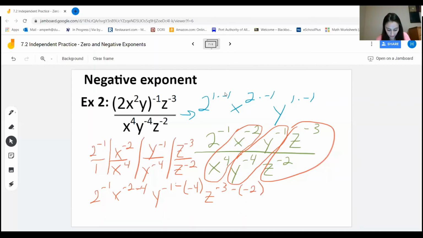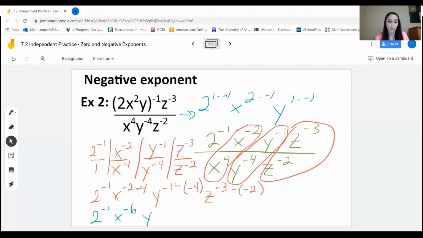Okay, so in a different color, after we simplify the exponents, we're going to end up with x: negative 2 decreased by 4. So we're making a negative 2 more negative, so it's going to be a negative 6. Now we have a y: negative 1 minus a negative 4, which actually means plus 4.